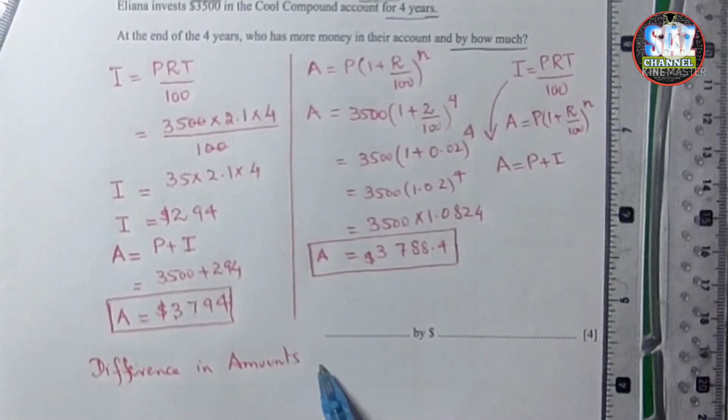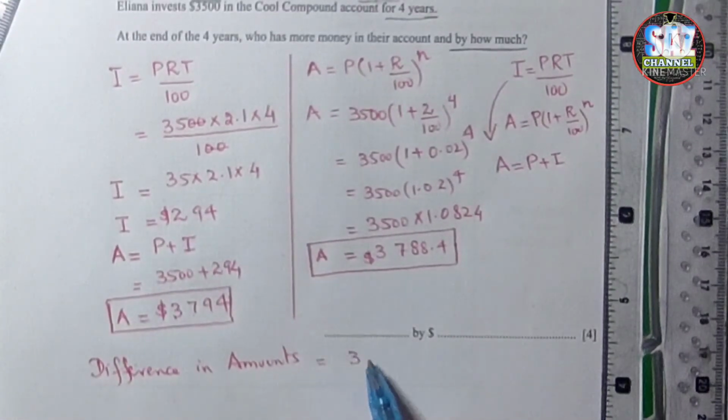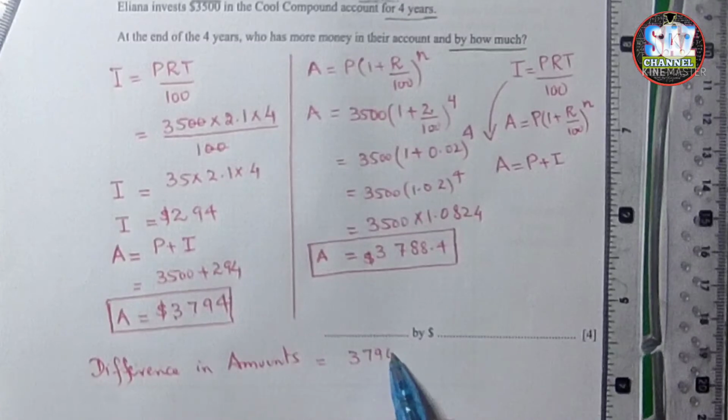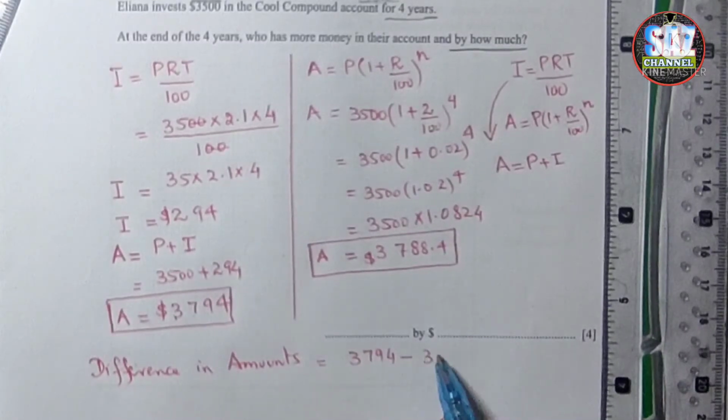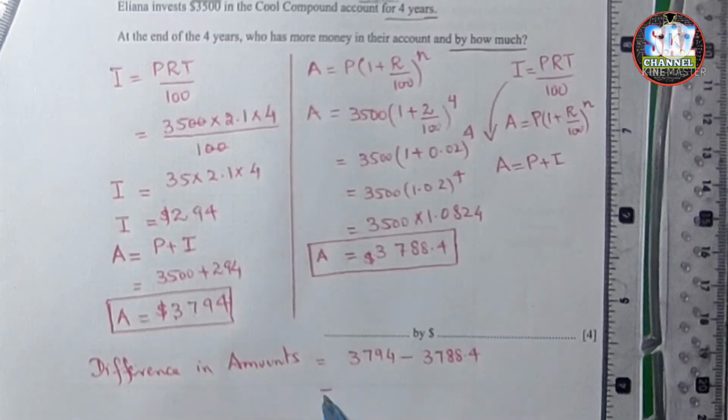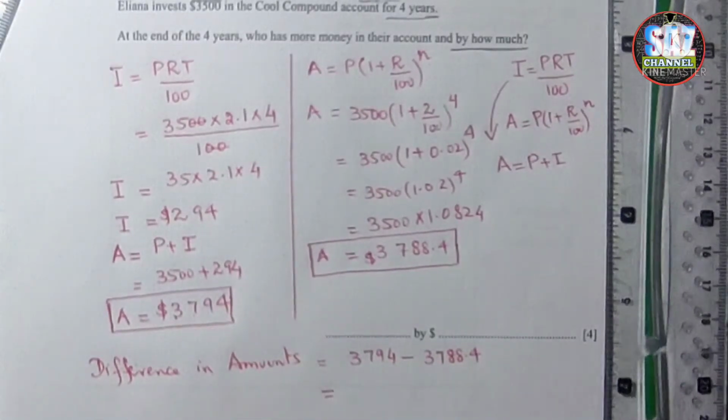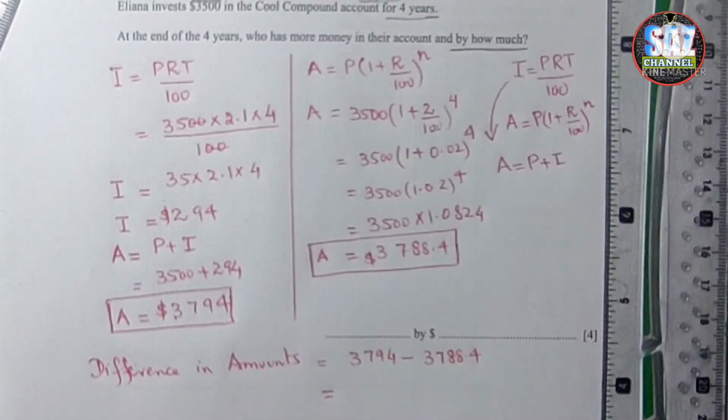That will be equal to 3794 minus 3788.4, and this is 5.6.